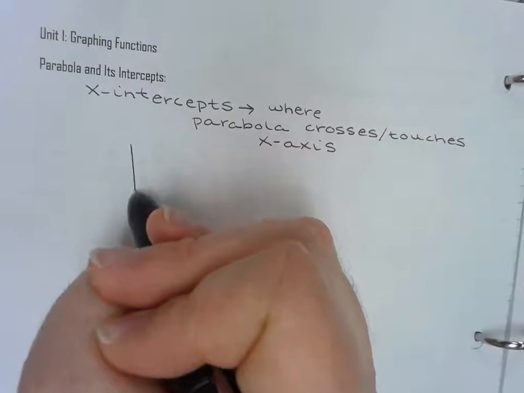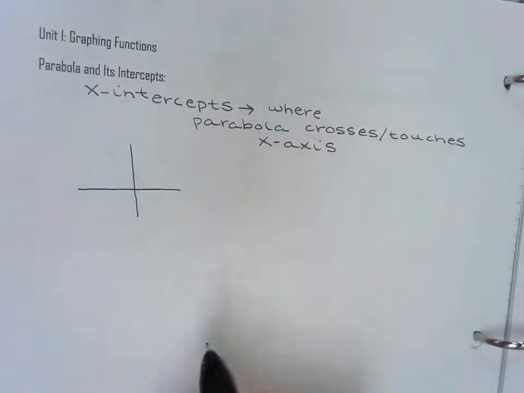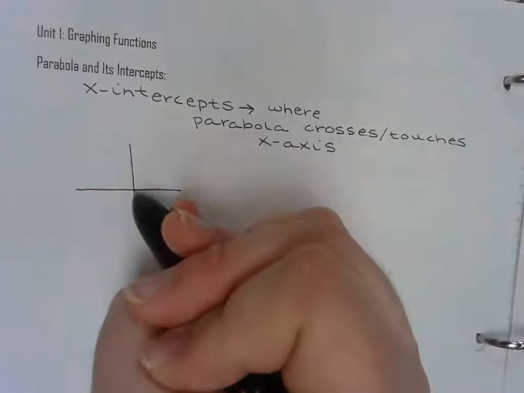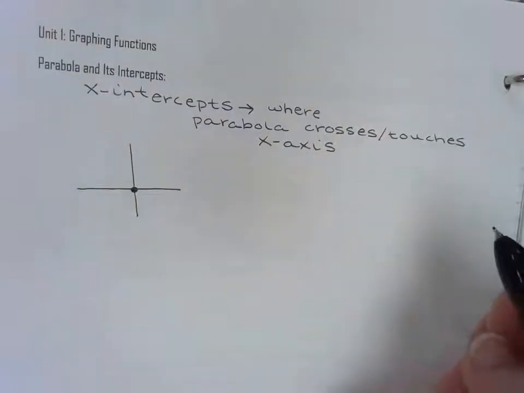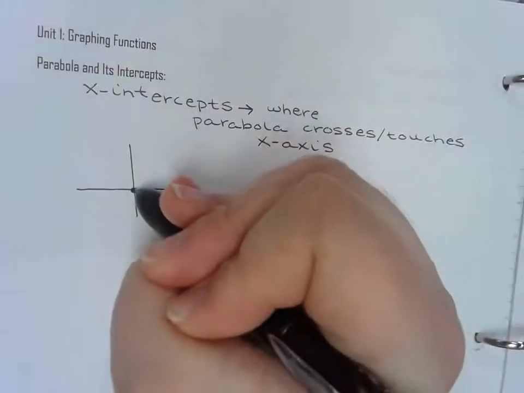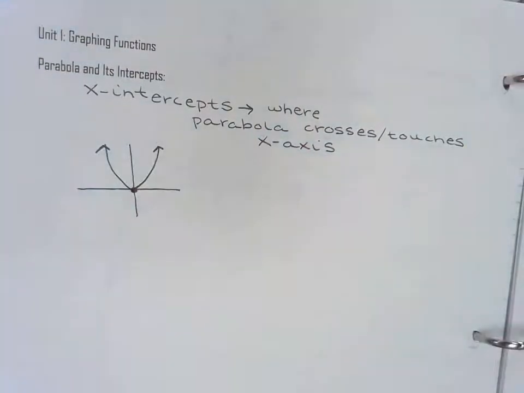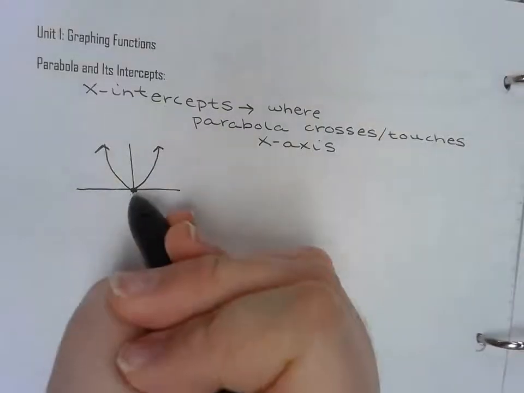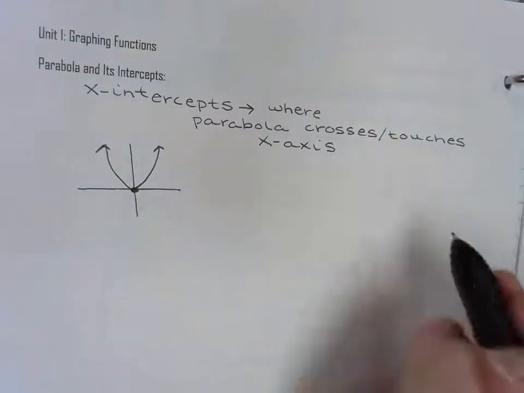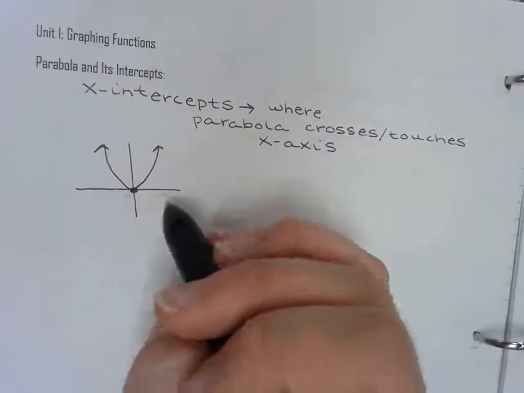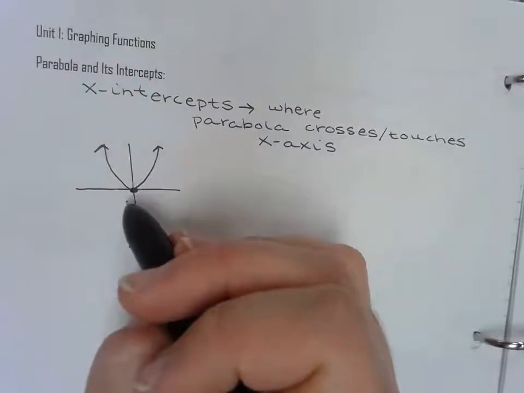If we think about drawing a picture, here's my x and y axis. How can I have one x-intercept? It only crosses at one point, and that point has to be the vertex. So if I only have one x-intercept, that x-intercept has to be the vertex. It doesn't actually cross the x-axis, it only touches the x-axis at one spot.